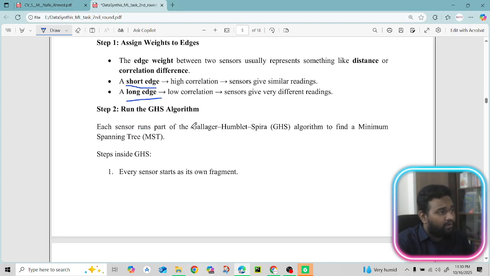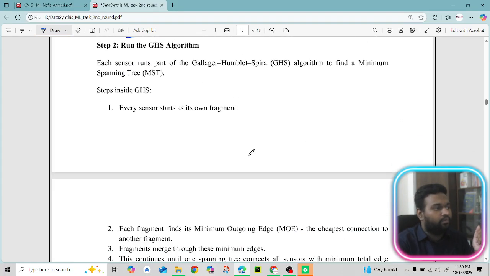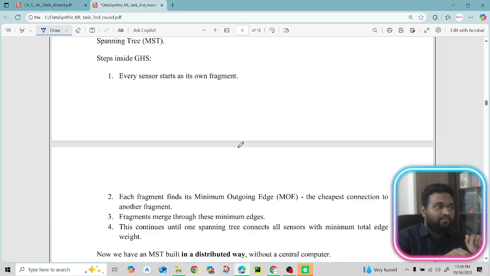So we're going to run this GHS algorithm. What will the GHS algorithm do? It will start with each sensor as its own fragment, because we are considering each and every sensor as a node, or we can call it a vertex. So in this scenario, initially we will have a lot of sensors, and all the sensors are going to be fragments.